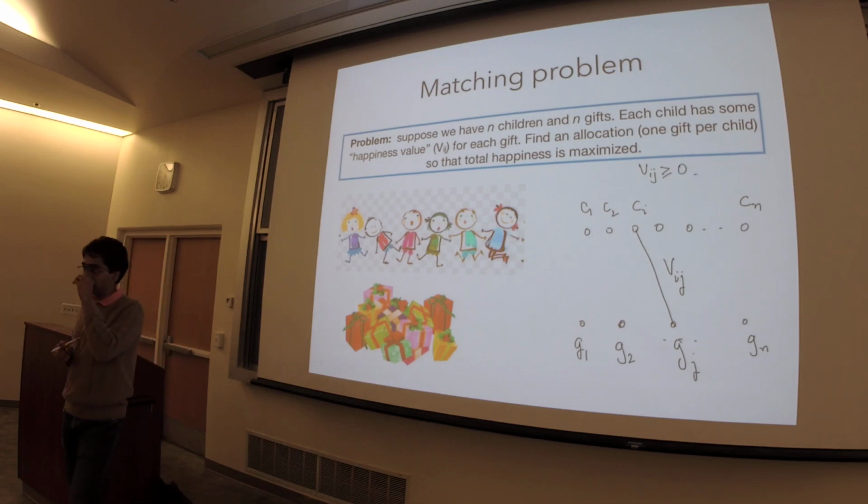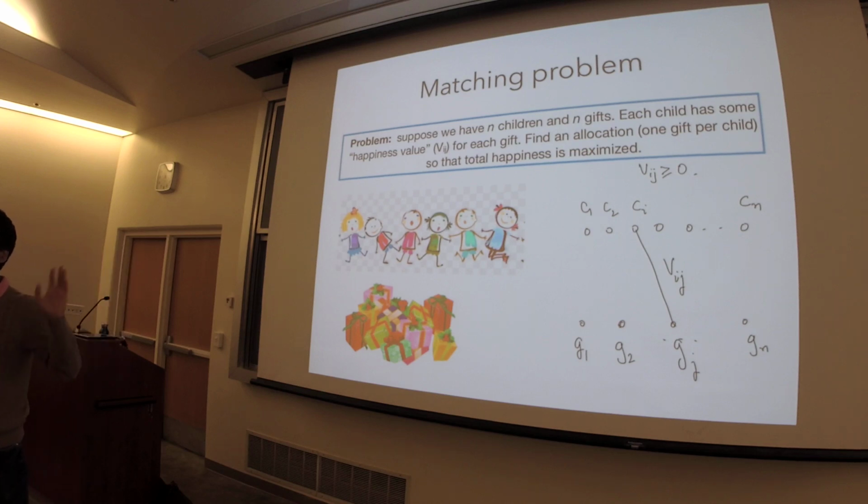Any questions about the problem? This problem will keep coming up, so it's good to understand. How does maximum happiness happen?